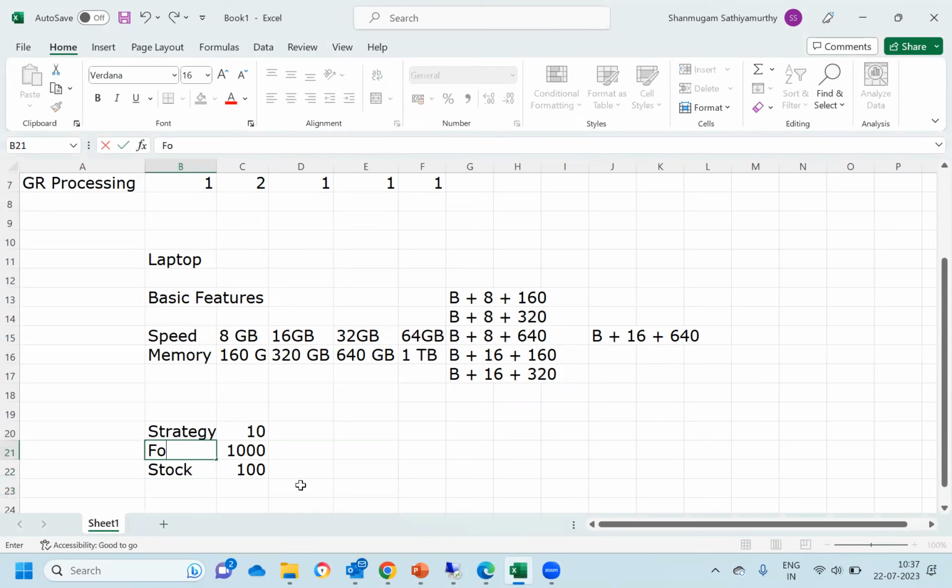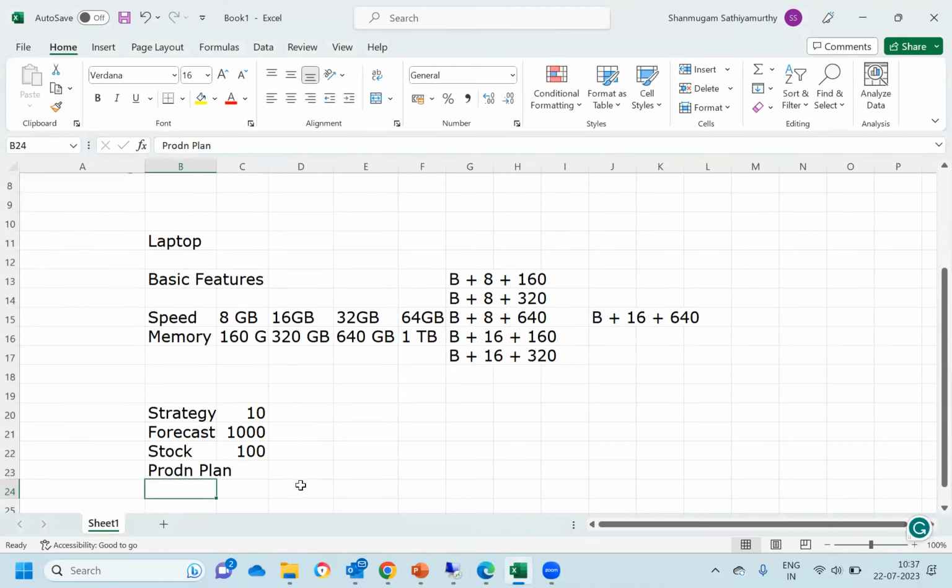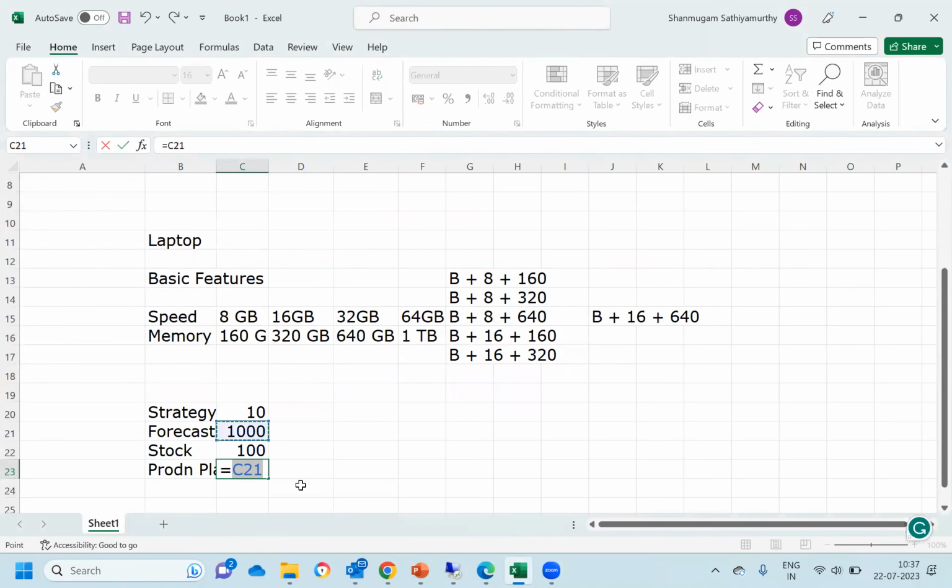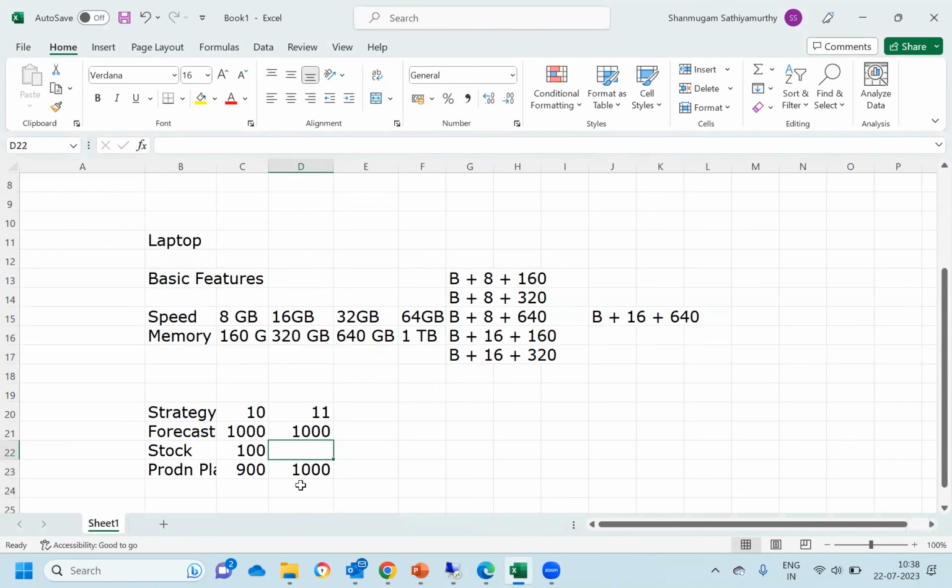This is the forecast. My production plan will be 1,000 minus 100. It will consider the stock. If I use strategy 11, the system will take this 1,000 and give this 1,000 only. It will not consider the stock.